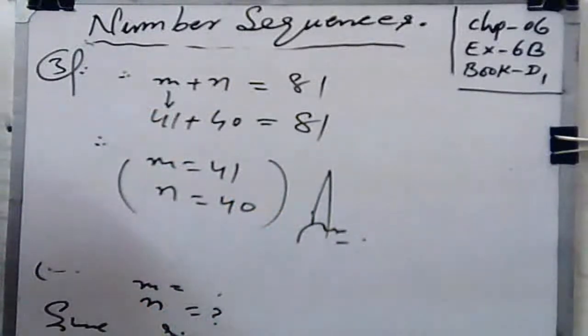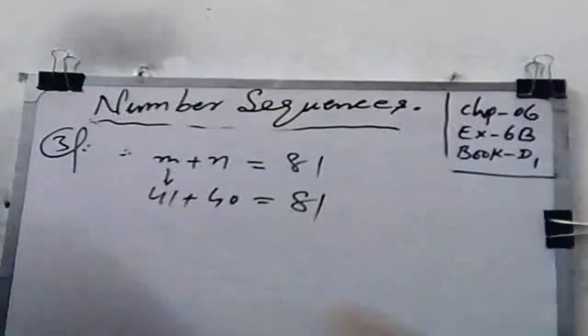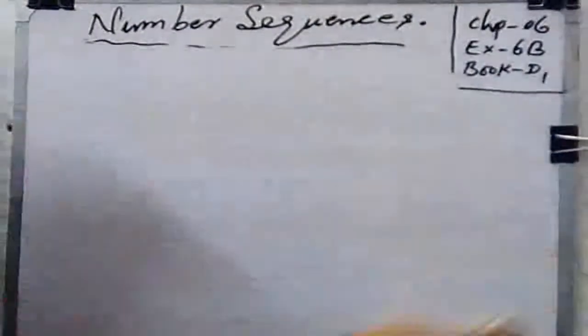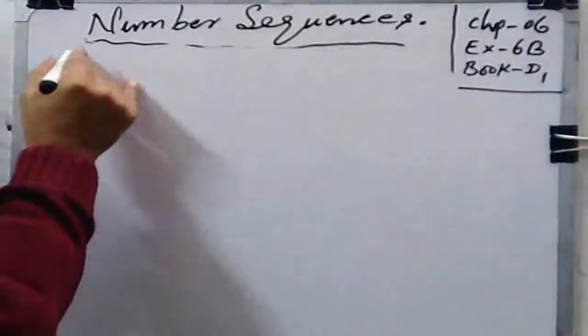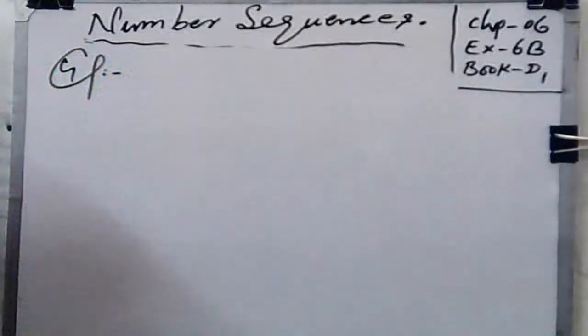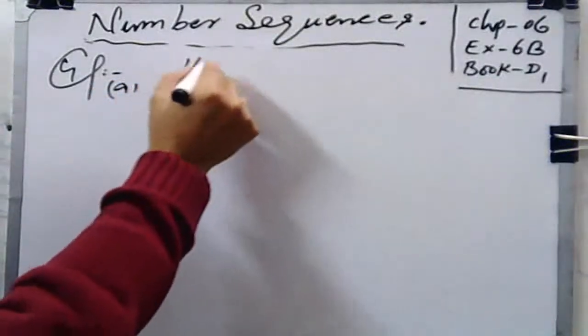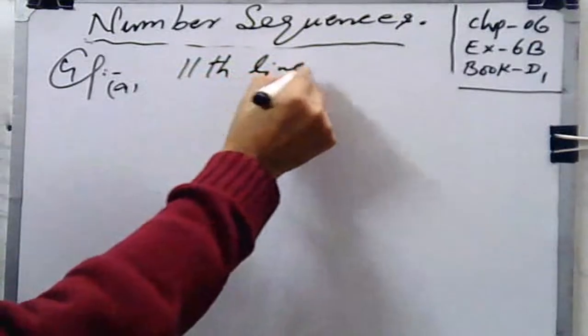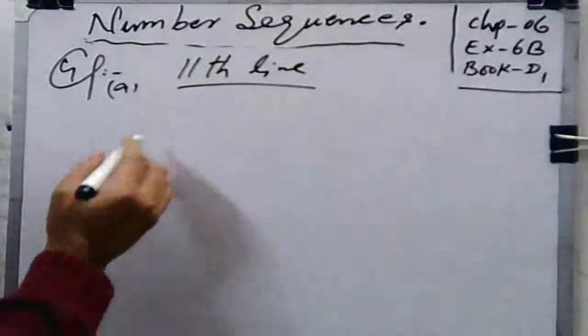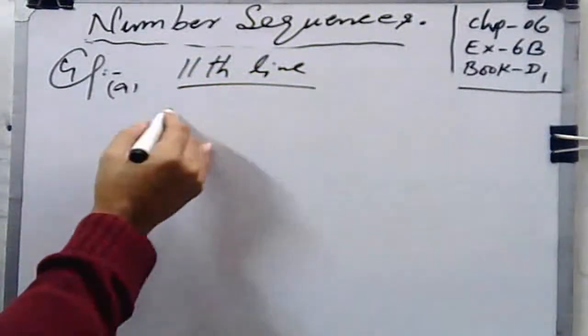Now coming to question number 4. In question number 4, once again the same type of question, we have to find the 11th line. In part A, we have to find the 11th line.